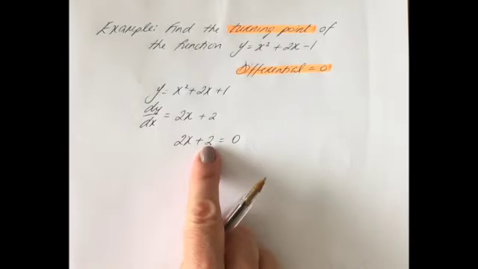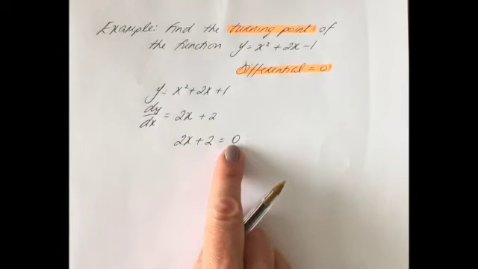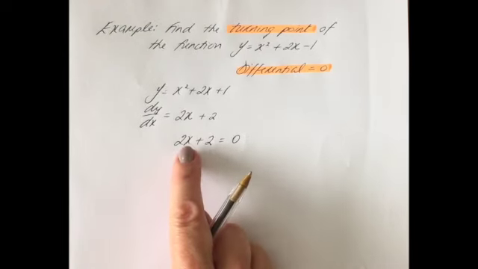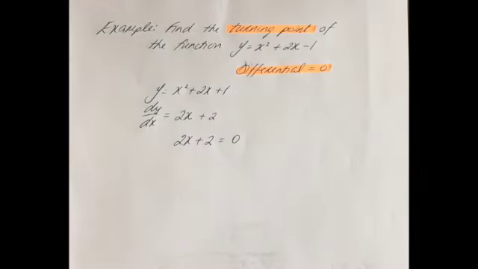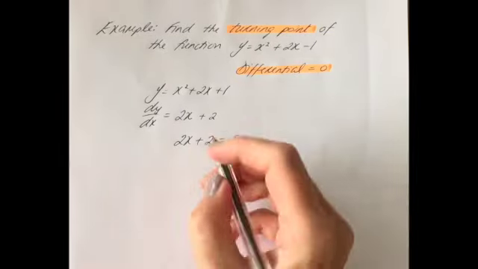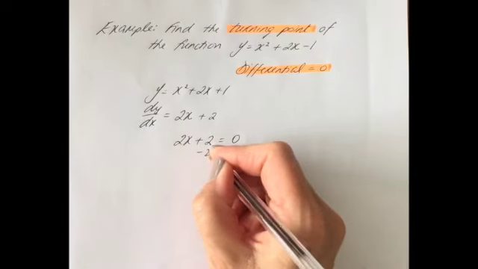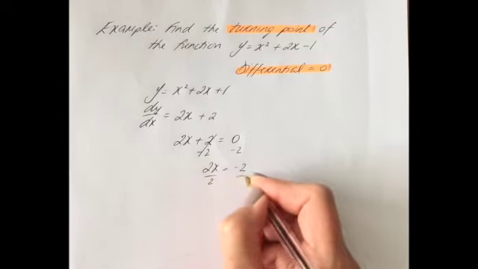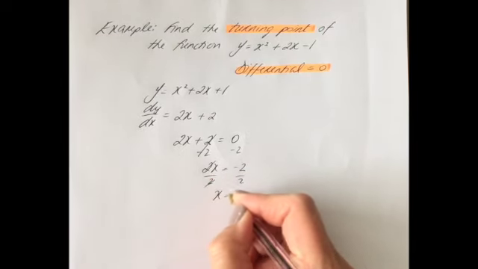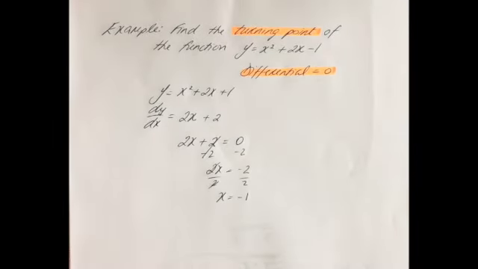So the slope of the tangent at the turning point is 0. And now if we solve this, we'll find the x coordinate of that turning point, where that tangent is flat. So solving this, we get 2x is equal to minus 2, divide both sides by 2, and we get x is equal to minus 1.